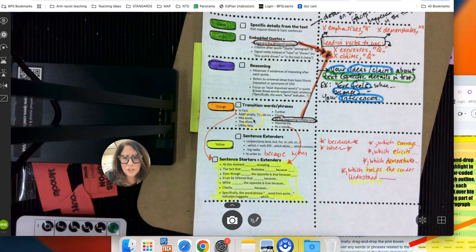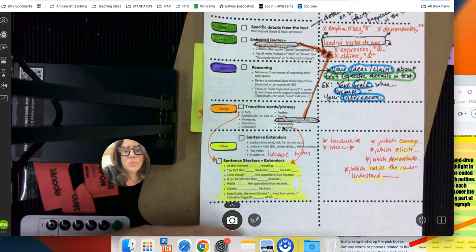Same thing with additionally, moreover, ultimately, further, right? So just make sure it follows in order, and make sure that you've actually written something so that you can build on it with an in fact or building transition word.